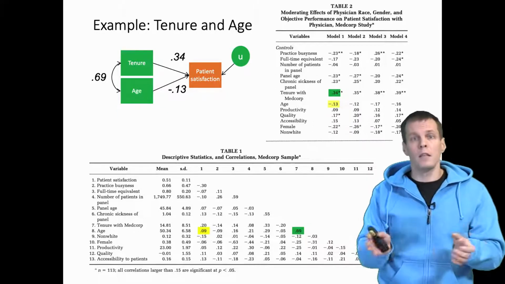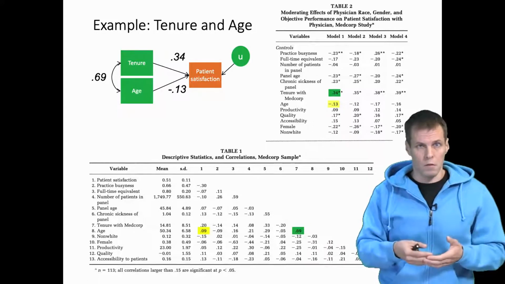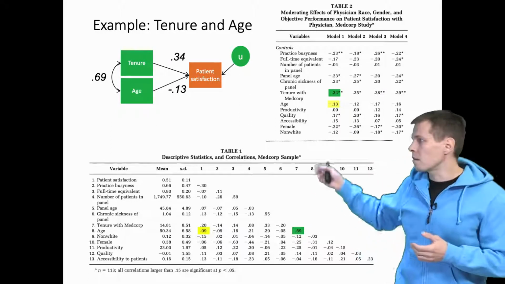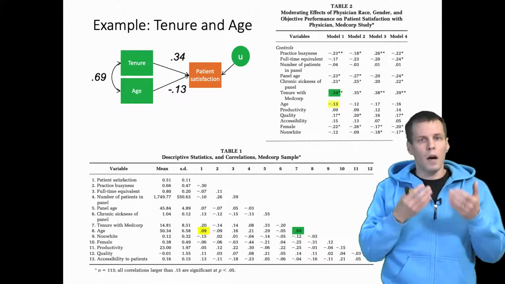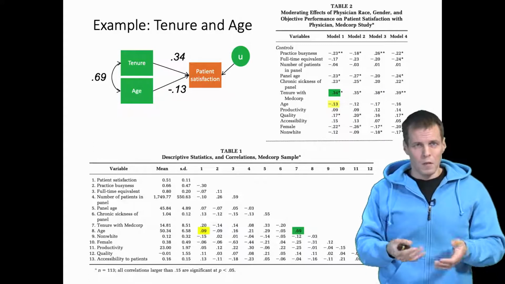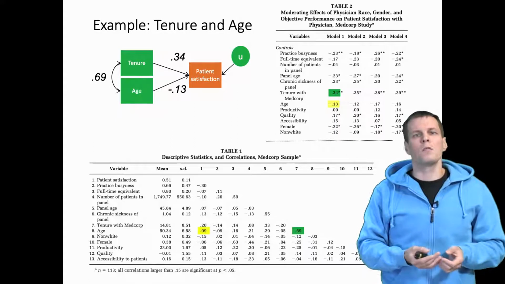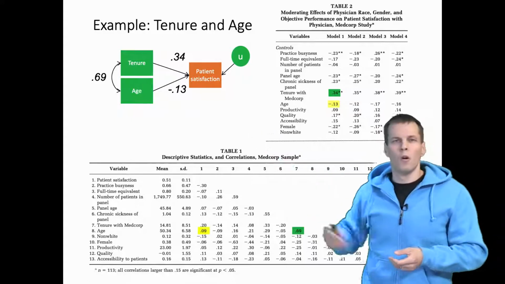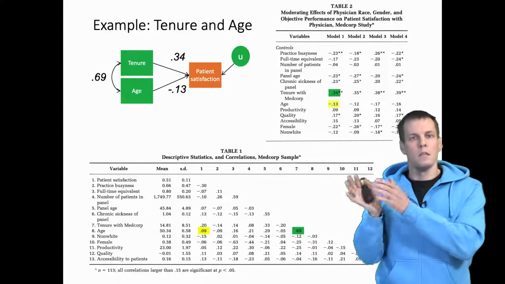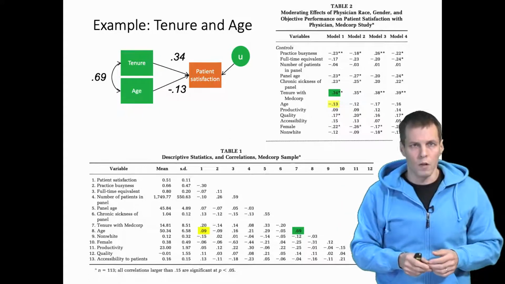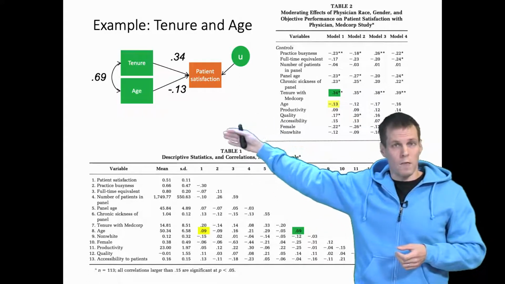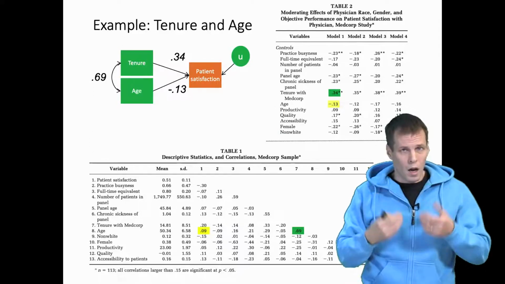So tenure and age are highly correlated for that reason. Older people tend to be more experienced than younger people. We can see that tenure, or your experience, highly affects the dependent variable, the customer satisfaction. So now we have a situation where there's a spurious correlation. Older people are more experienced. Experience causes customer satisfaction scores to be higher. Age has a negative causal effect on customer satisfaction. How do we interpret that?